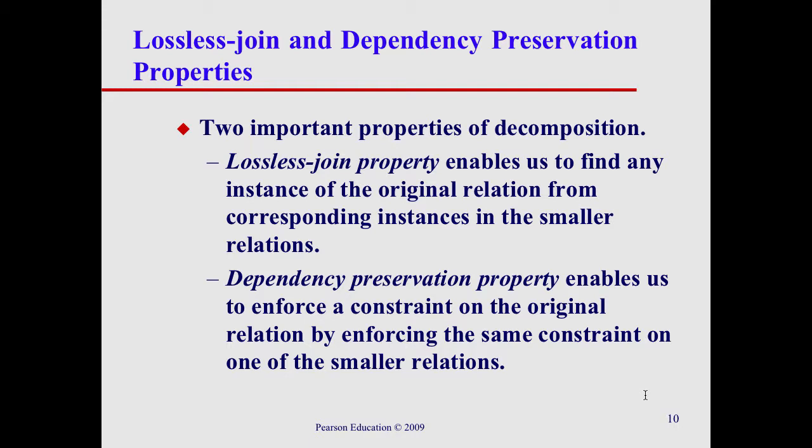And the second property we want to preserve is dependency. So we have these dependencies between attributes. And last time we said that these are functional dependencies. When we decompose the relation into subrelations, we want to make sure that each functional dependency is preserved in one of the subrelations.